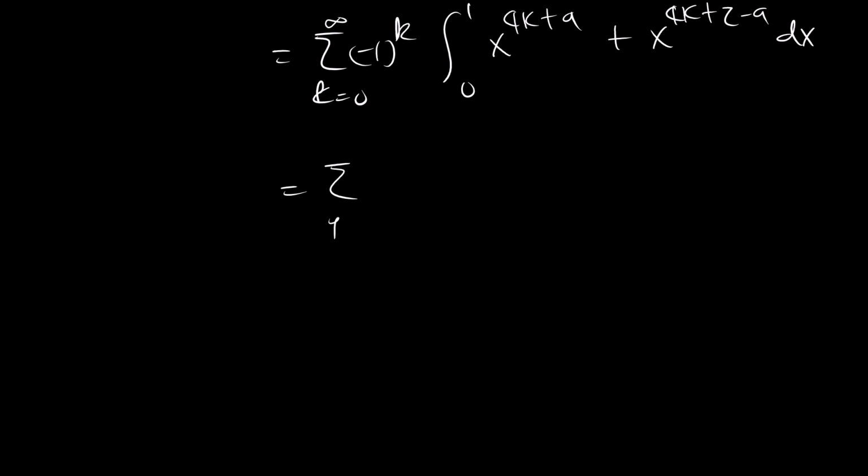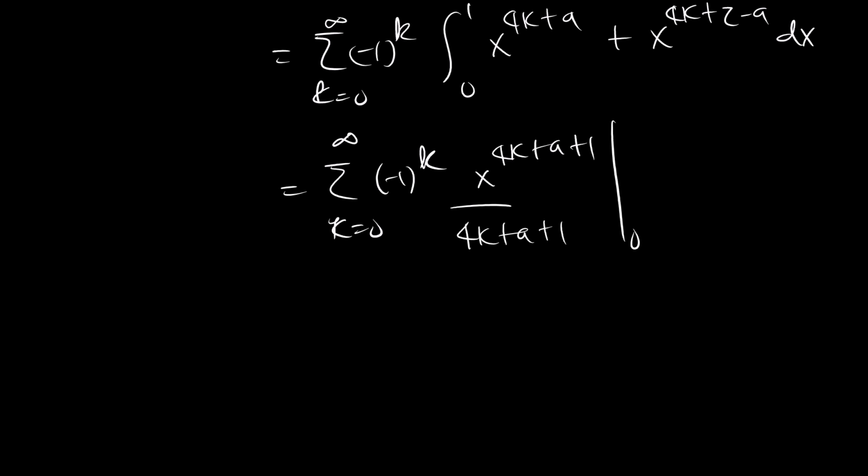So which is x to the 4k plus a plus 1 over 4k plus a plus 1, from 0 to 1. And we have 1 over 4k plus, we're adding 1 to 2, so this becomes 3 minus a. There's x here rather, so x to the 4k plus 3 minus a over 4k plus 3 minus a, from 0 to 1.